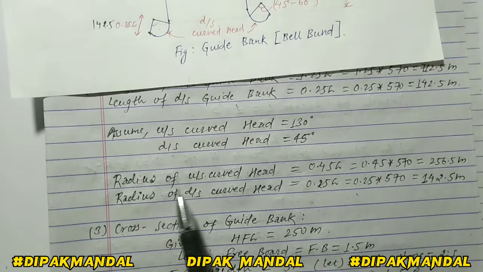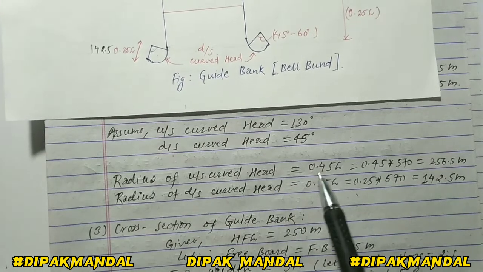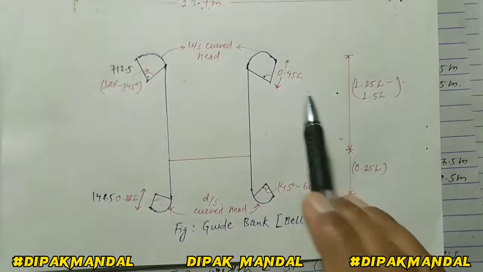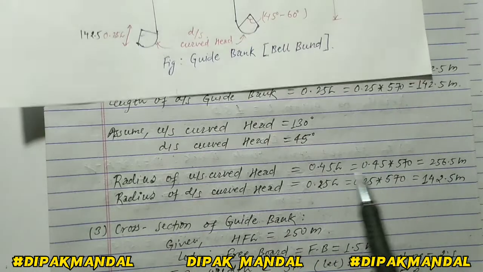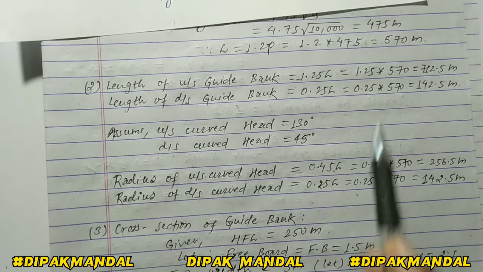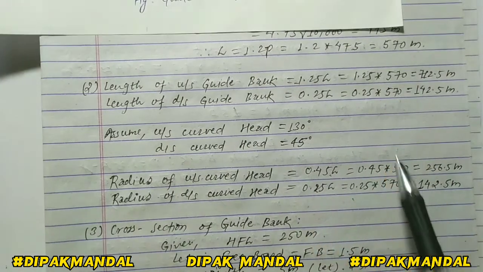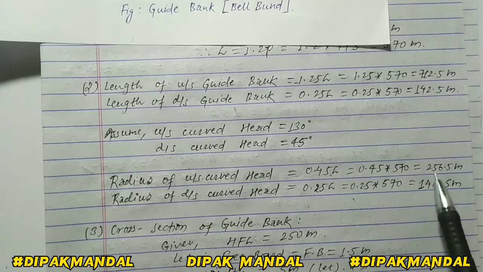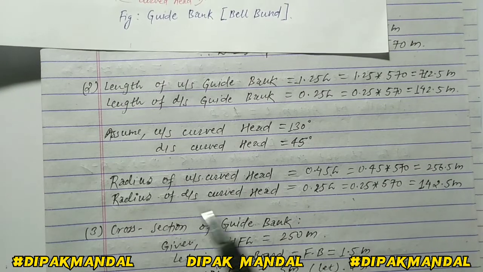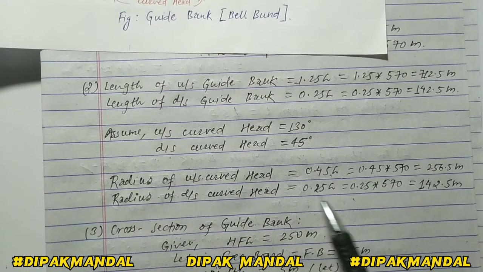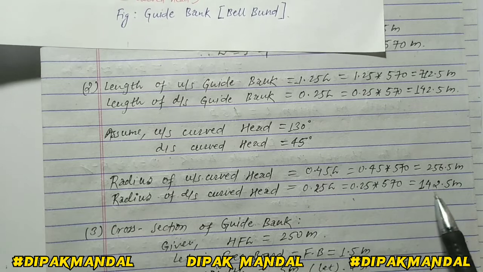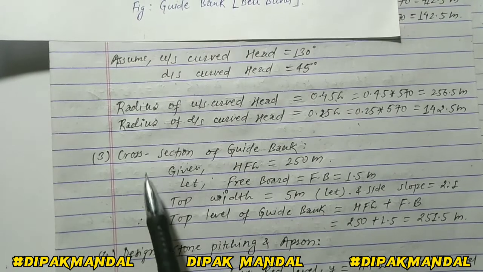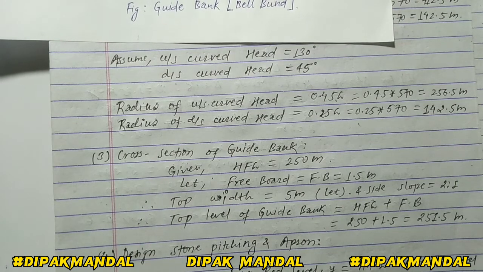Now we have to calculate the radius of the upstream curve head, and this value is equal to 0.45 times L. As you see here, 0.45 times L, and the value of L is already calculated, that is 570 meter. So we get the radius of the upstream curve equal to 256.5 meter, and similarly the radius of the downstream curve equal to 0.25 L, so this value becomes 142.5. Now in the third step we have to calculate the cross section of the Grad bank.